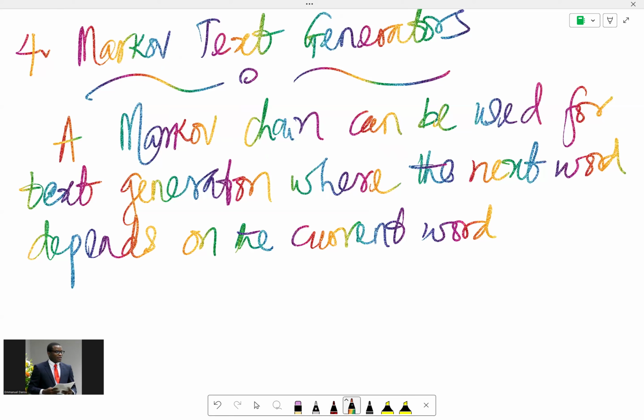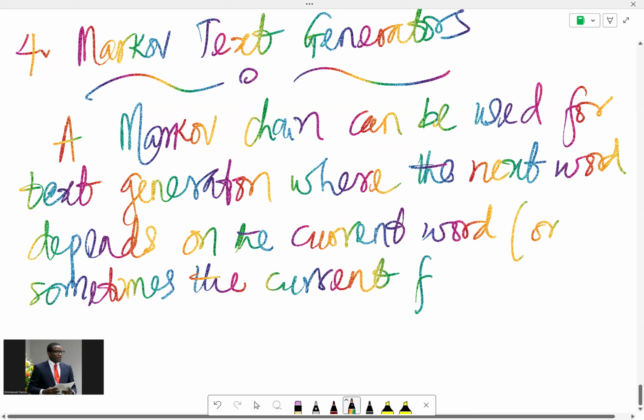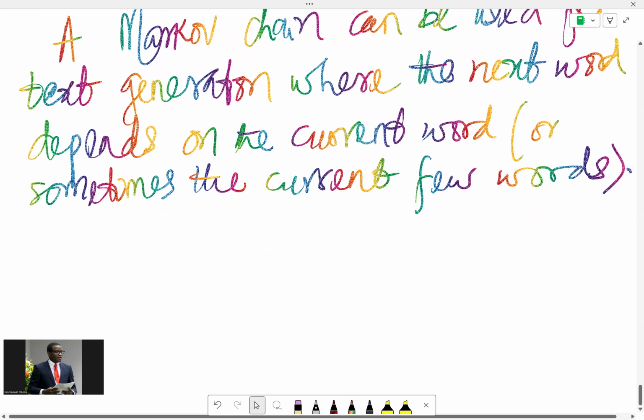Your phone has studied your typing pattern such that by the time you're typing, it already probably guesses the next word that is going to follow, especially if there are some sentences you always use. The next word depends on the current word, or sometimes the current few words. That sounds to me like where the whole idea of predictive text comes from.